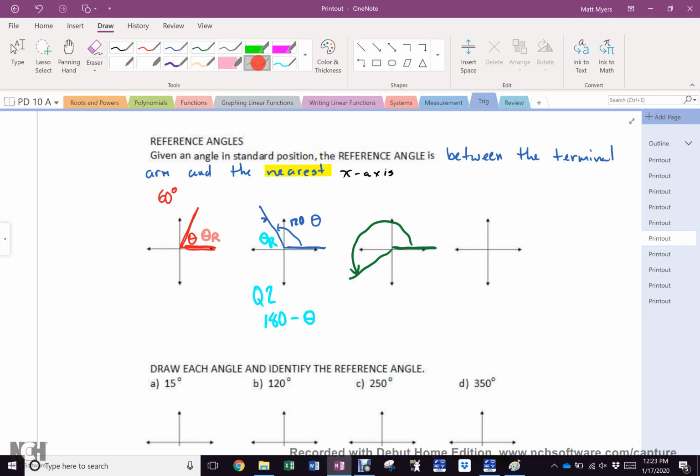Correct? The reference angle is between the terminal angle and the nearest x-axis. So where is it? Is it above the line or below the line? Above. So there is my theta reference. In quadrant 3, how would you tell me what that is?